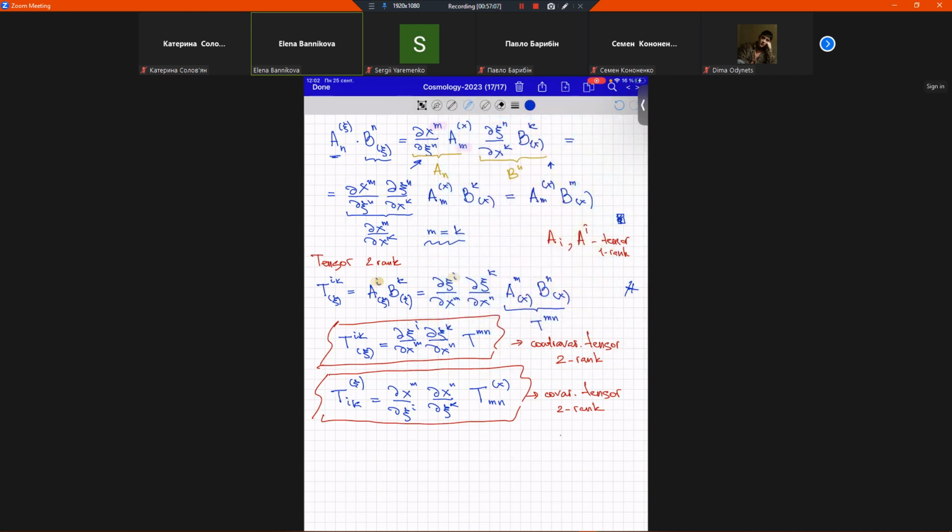Mixed case. So mixed means that we mix the indexes. And I want to write it like this. What it means: one index I have here, another index I have here.